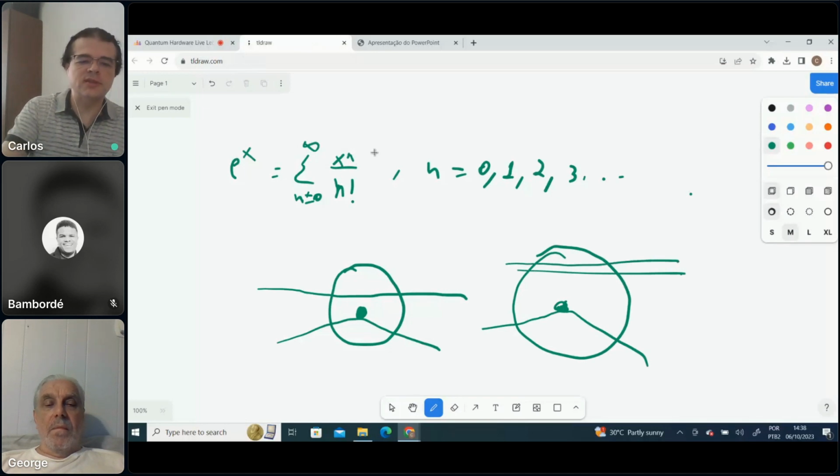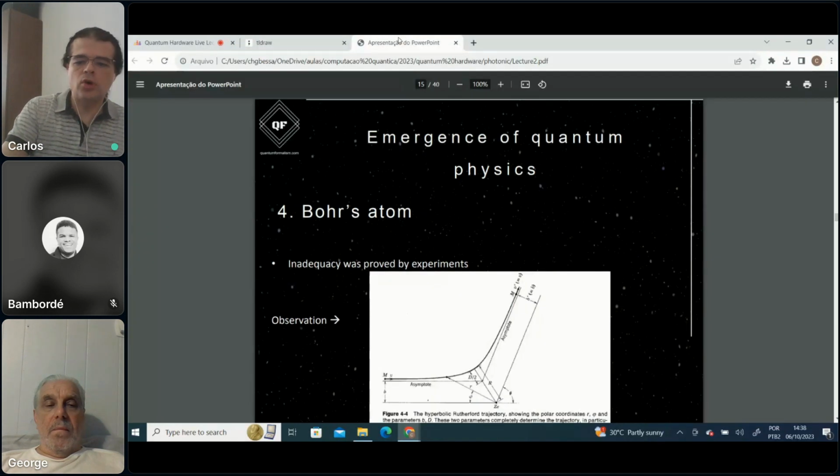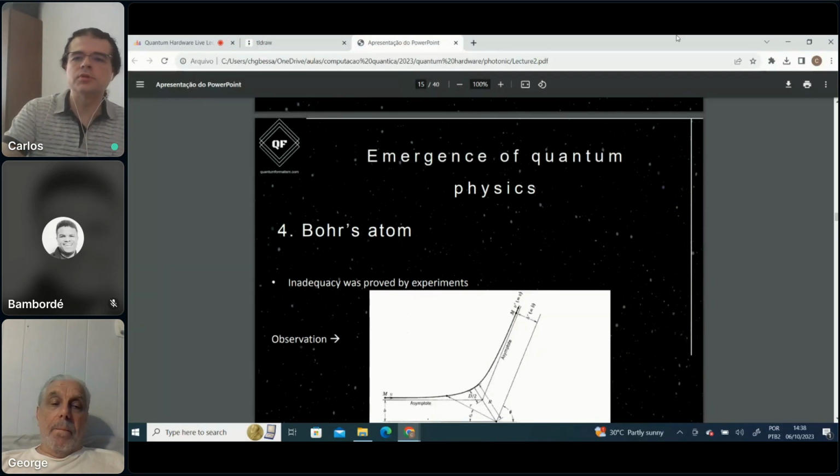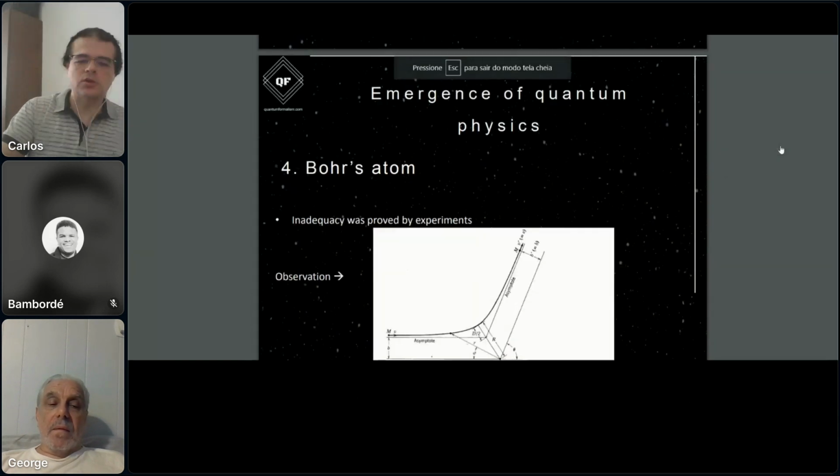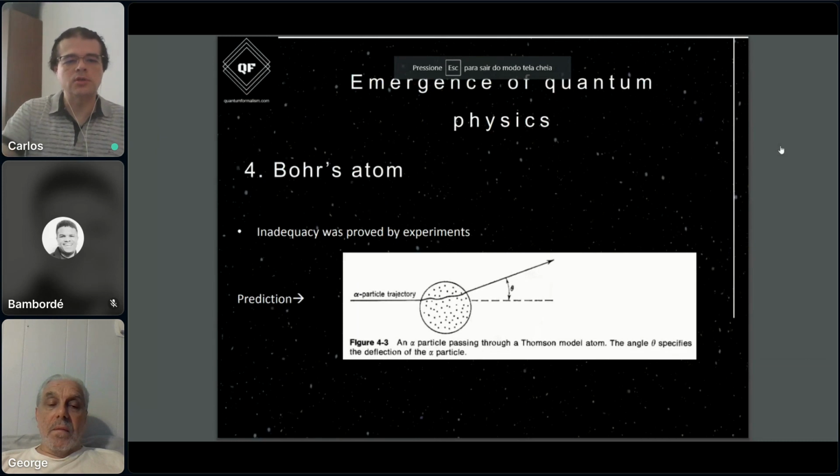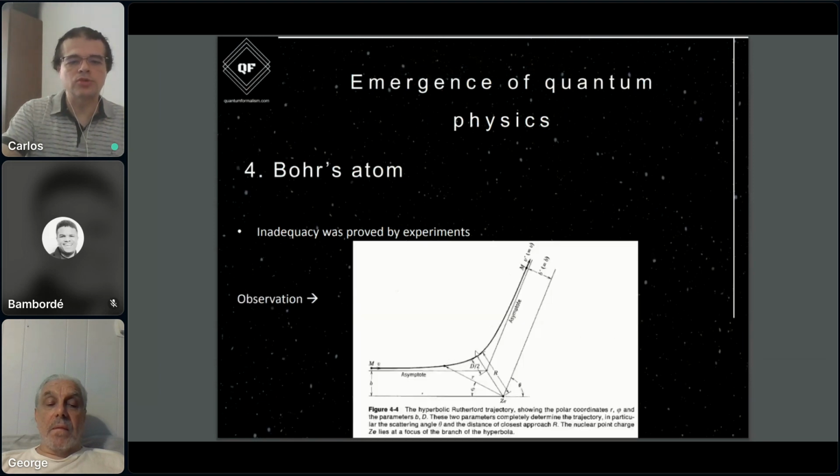So it seems that the Thomson model was not correct, right? Otherwise, this bouncing back could happen everywhere. But what was shown is that something in the center has most of the mass of the atom.